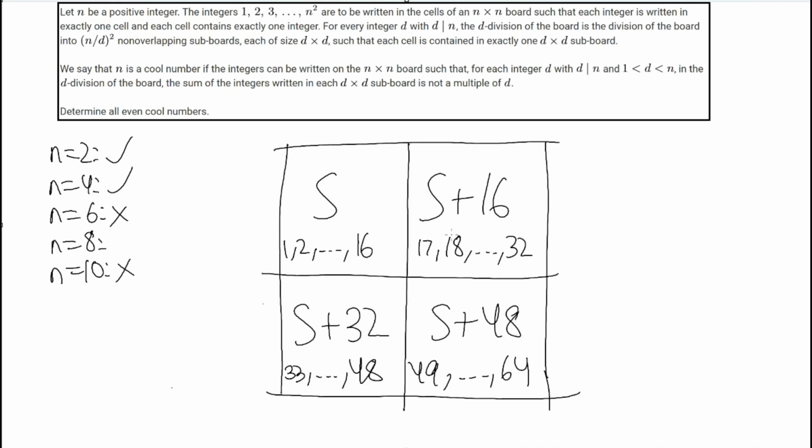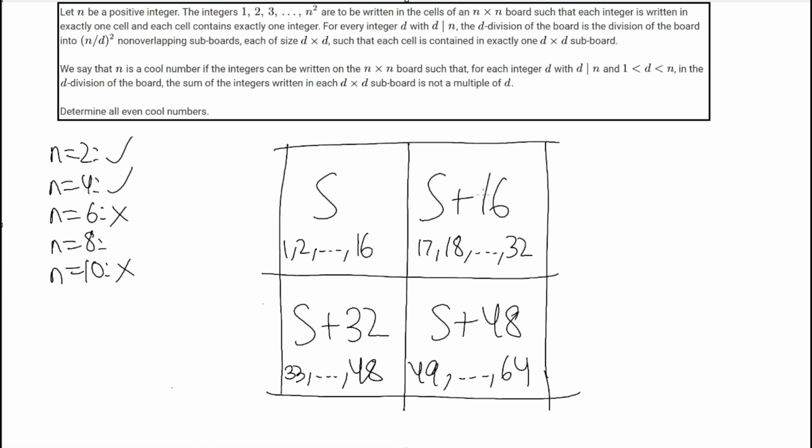Because if we try swapping them in the normal way, like 1 and 32, then we violate the d equals 2 case, because then we make the sum of the numbers in a 2x2 board even instead of odd. So we need to swap two numbers of the same parity while turning this from a multiple of 4 to a non-multiple of 4, and similarly for this one. So how can we change whether each one is a multiple of 4 but not whether it's a multiple of 2?